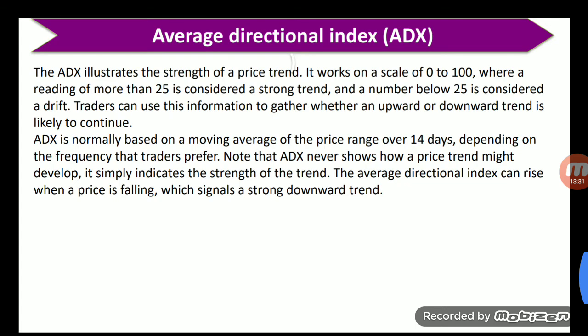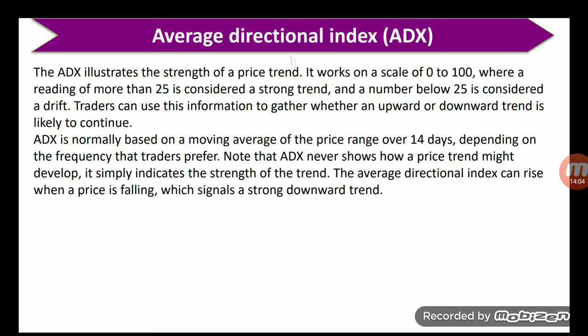Next technical indicator, the average directional index. The average directional index illustrates the strength of a price trend, and it works on a scale of 0 to 100, where a reading of more than 25 is considered a strong trend, and a number below 25 is considered a drift, meaning a weak trend.